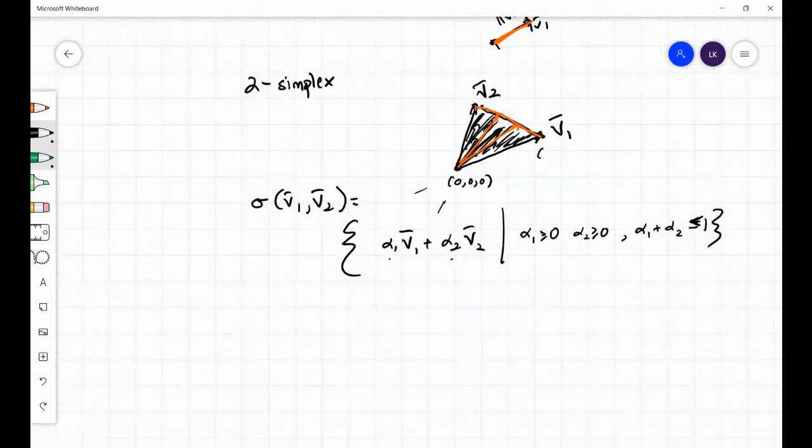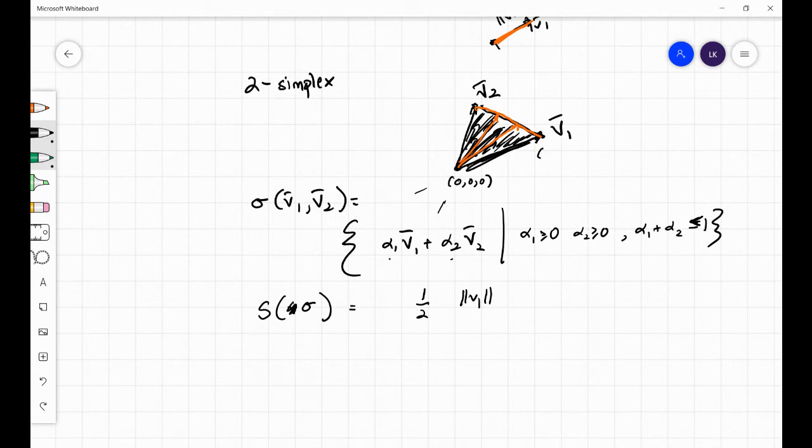Okay. And so the signed volume of this simplex, I don't know how to denote this correctly, is just the area of this triangle. So it's going to be 1/2, let's say, base length, the magnitude of v1, and then the height.